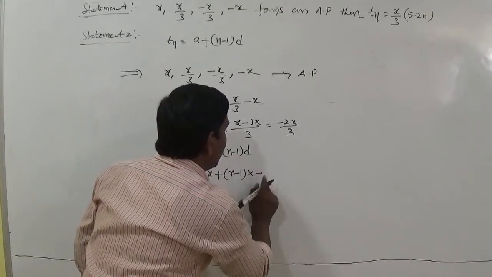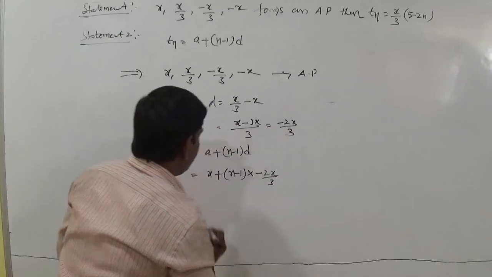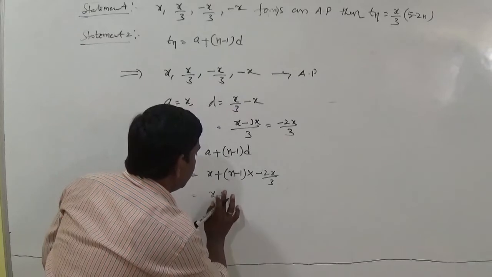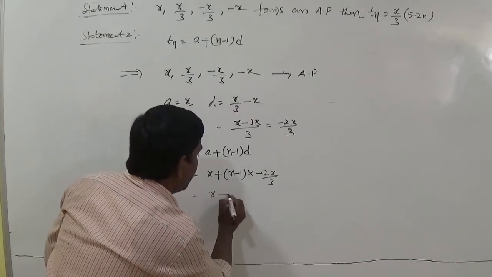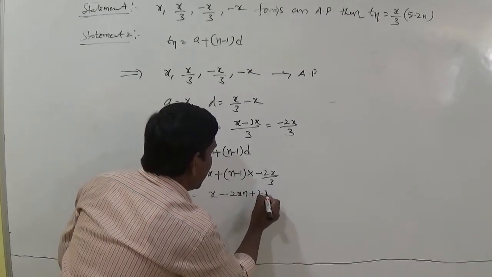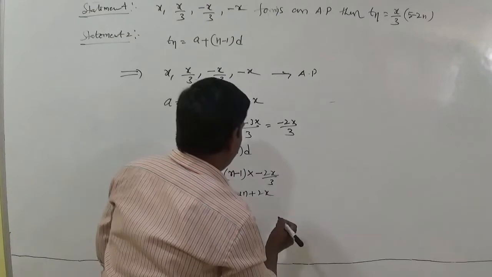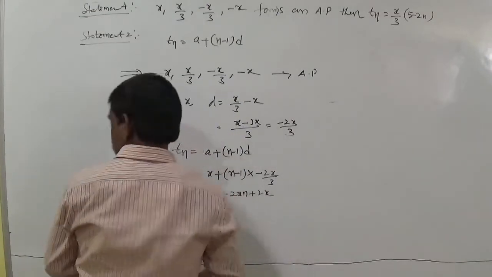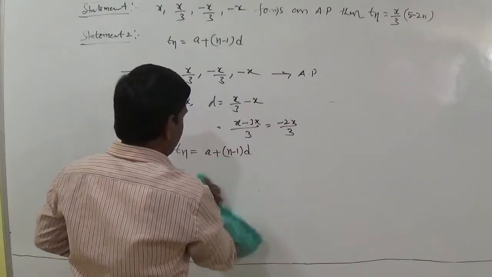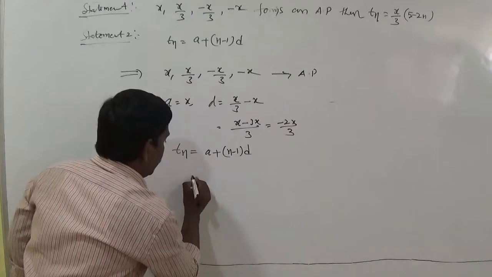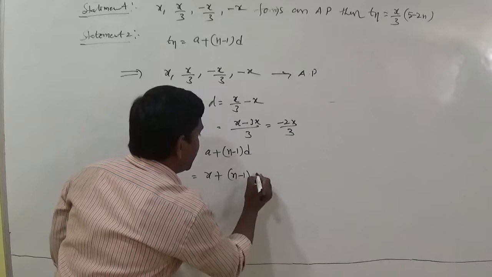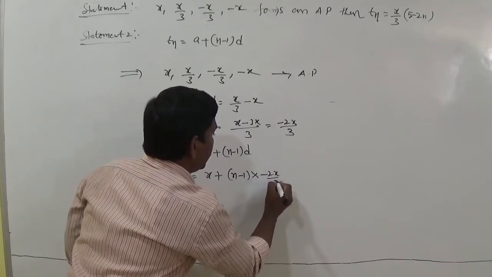Minus 2x by 3. So x plus n minus 1 into minus 2x by 3.